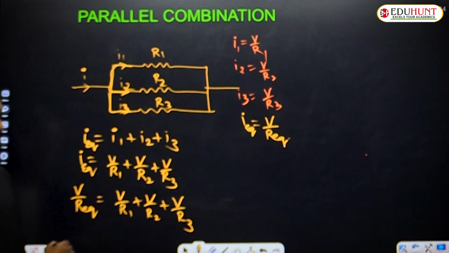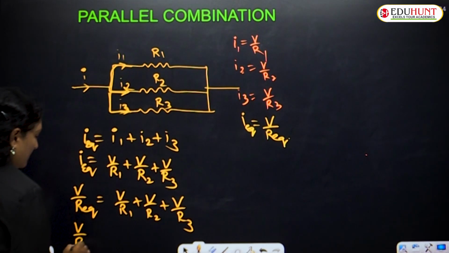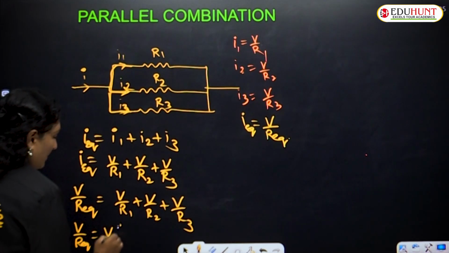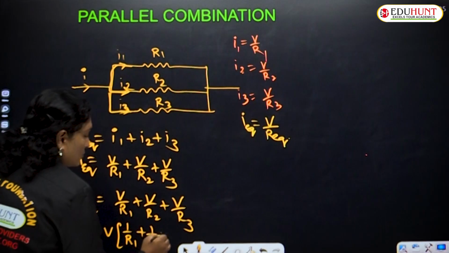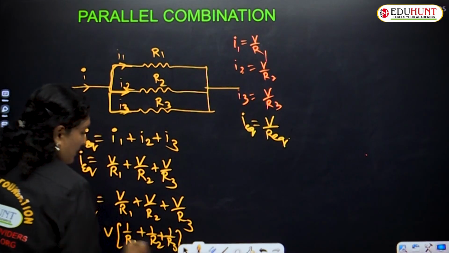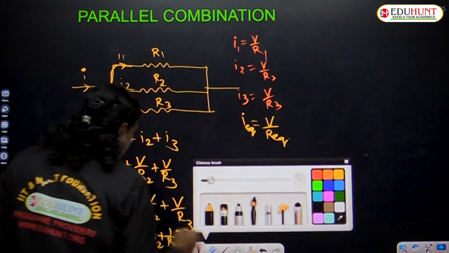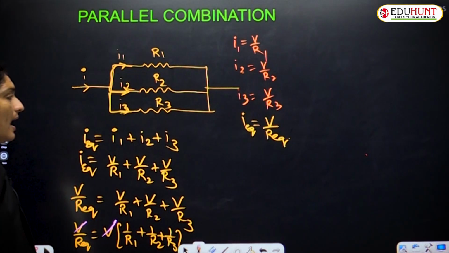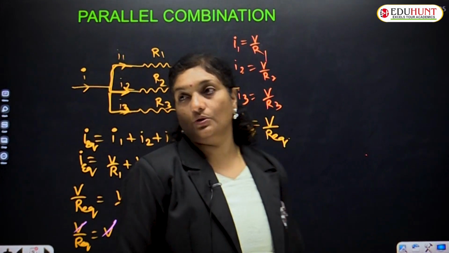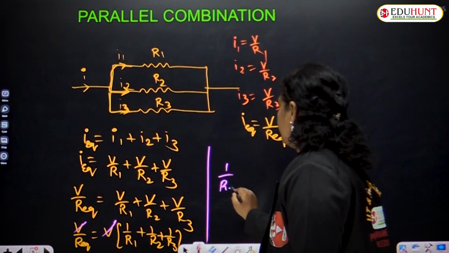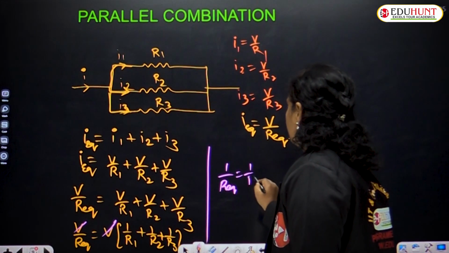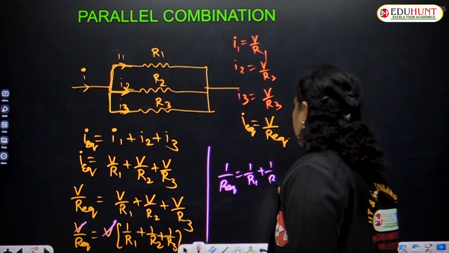In all the cases we have V as common. Taking V as common, we have 1 by R1 plus 1 by R2 plus 1 by R3. So simplifying further, we have 1 by R equivalent equals 1 by R1 plus 1 by R2 plus 1 by R3.